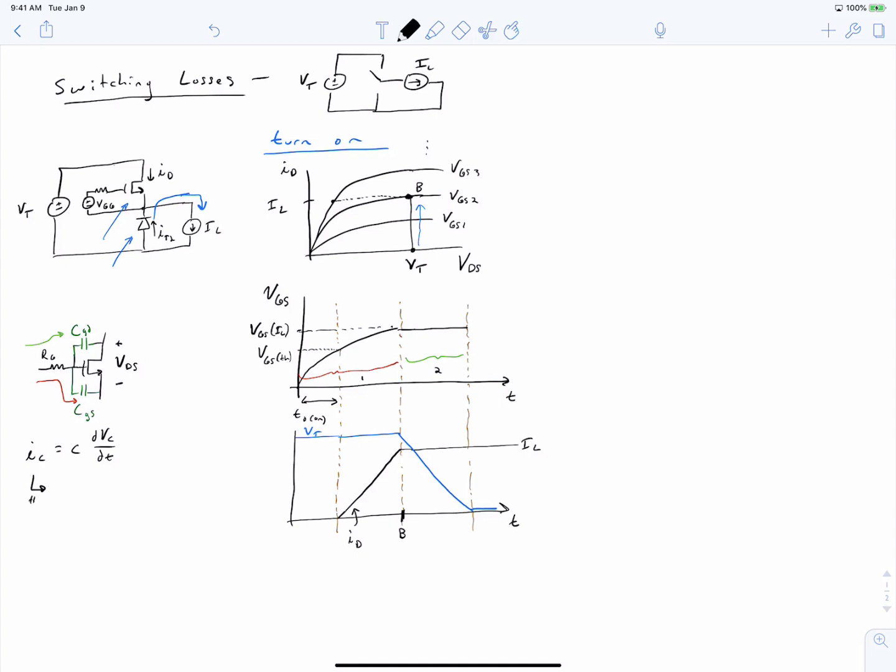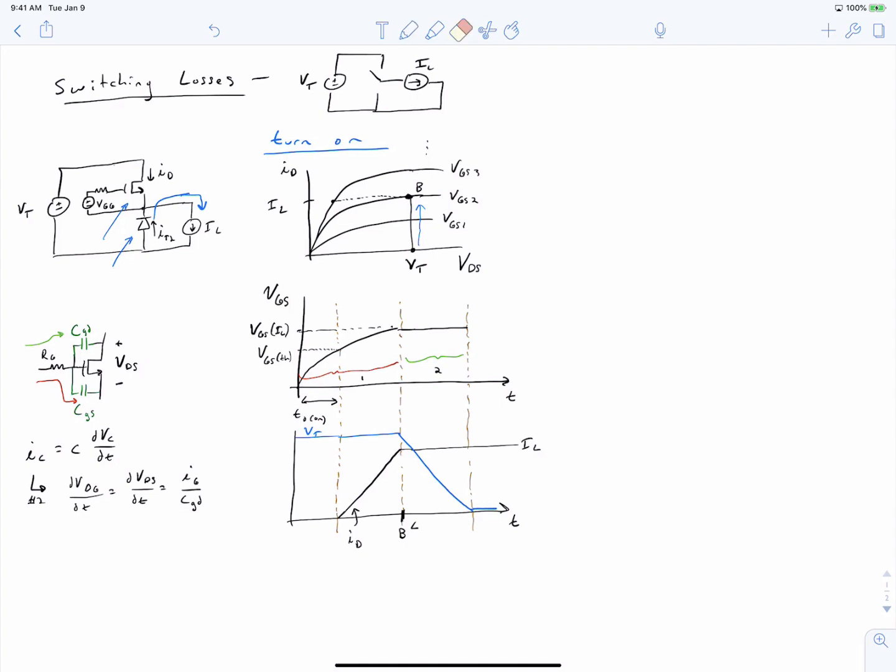So during 2, the change in our drain to gate voltage can be expressed as the current going into that capacitance divided by the gate to drain capacitance. So the amount of time it takes for the voltage to fall is related to how quickly we can charge that capacitance or discharge it.